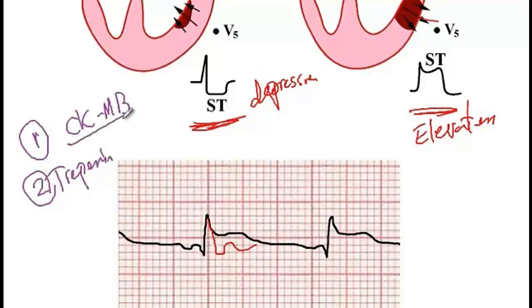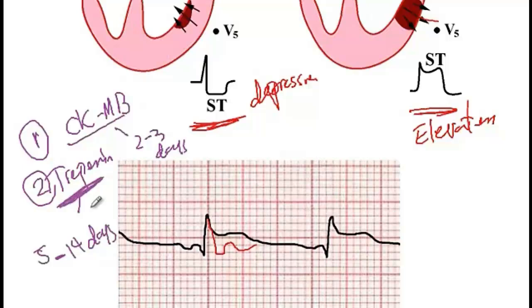With creatine kinase MB, it remains elevated for about 2 to 3 days, while troponin remains elevated for about 5 to 14 days. So it's possible to miss the CK-MB, while the troponin is less likely to be missed, and thus troponin is more reliable.